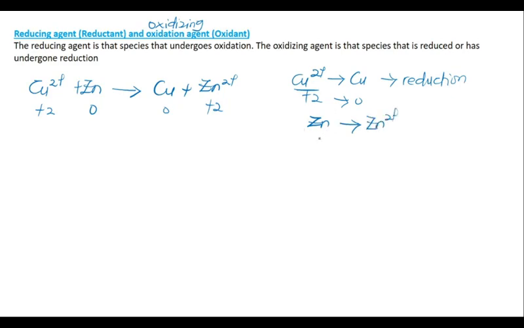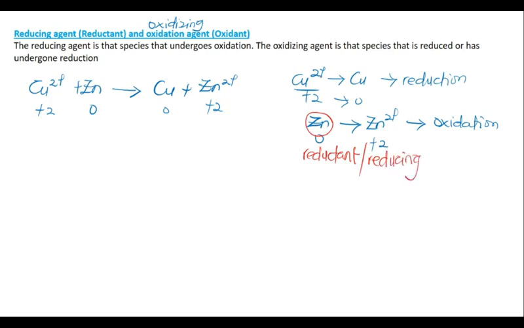Okay, now zinc moved from zinc to Zn2+. So we have zinc over here as 0 and then plus 2. So this reaction is oxidation, because we have an increase in oxidation number. So the zinc over here, let me use another color, is our reductant, or our reducing agent.